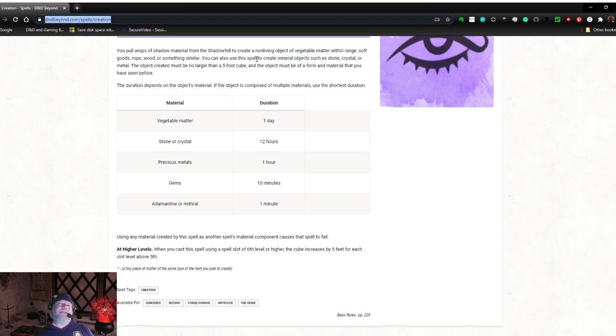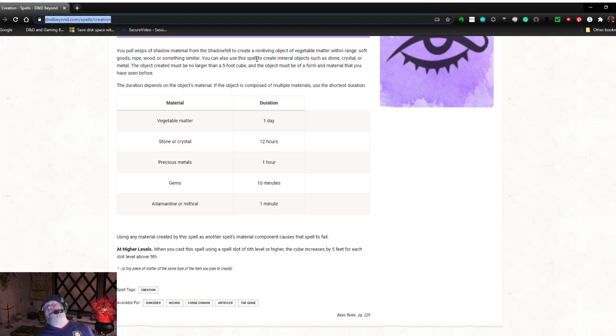So that's a potential thing, but a fifth level spell slot seems like a lot of energy to use for something like that. So I'm just not quite sure. Other than if you were going to use it to pull some kind of con, and you were going to create the precious metals or the gems and then do something to get away really quickly.